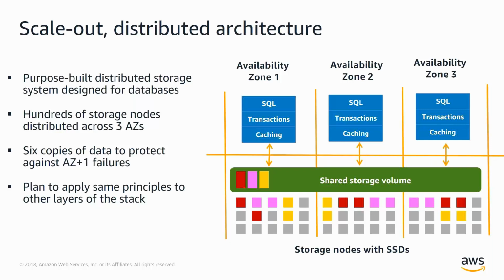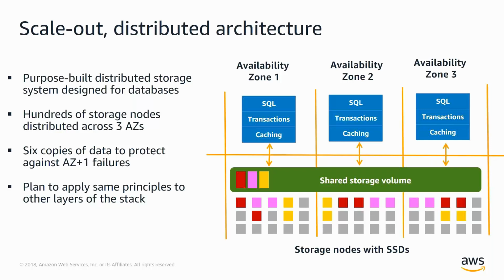Well, what happens with Aurora is we take that redo log entry and we send it out to those 6 different storage nodes that are in the 3 different availability zones. We have a 4 out of 6 write quorum, which means that when 4 of those 6 storage nodes have received it and durably stored it to their directly attached NVMe storage, that's when we consider that write, that disk write, to be complete, right?